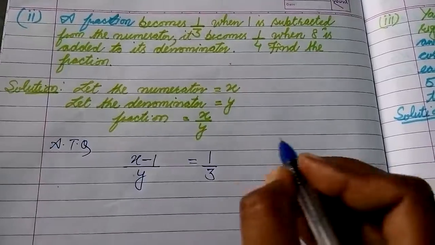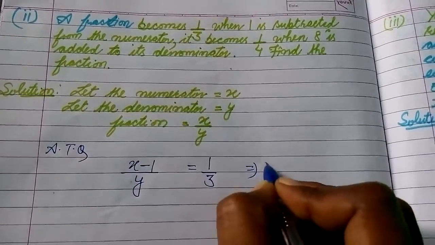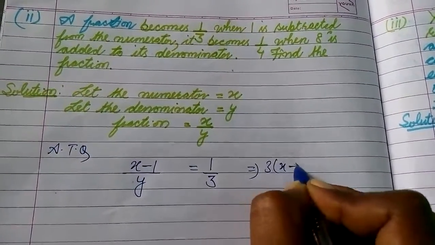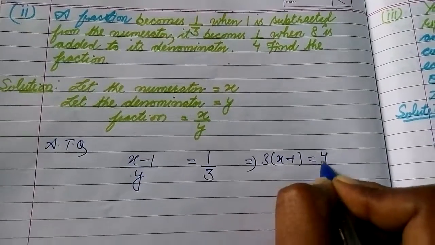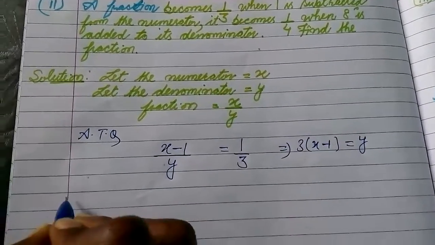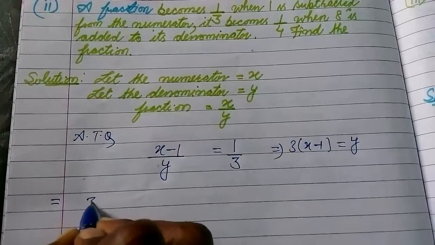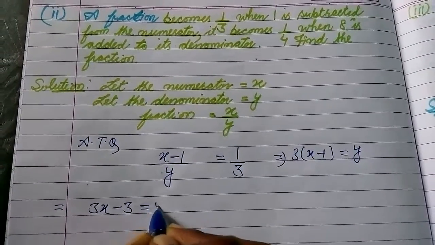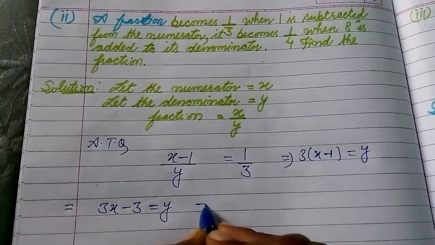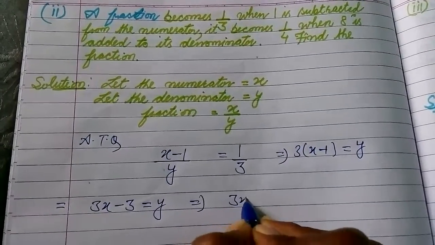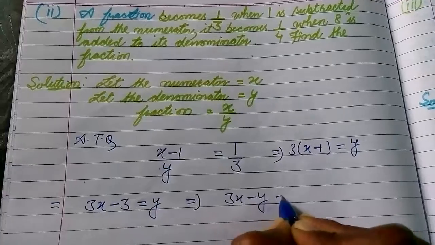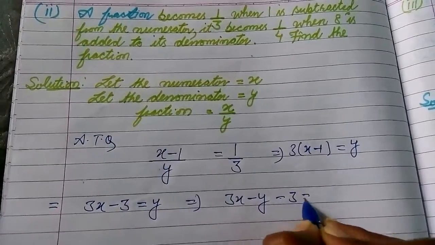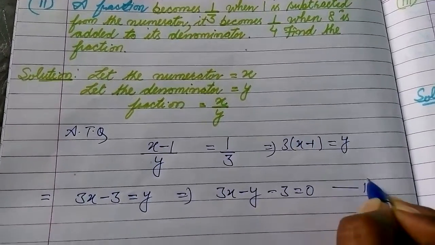Now just simplify this equation. This further implies 3 into x minus 1 is equal to y. Solve this equation: 3x minus 3 is equal to y, and this further implies 3x minus y minus 3 is equal to 0. So I got the first equation.